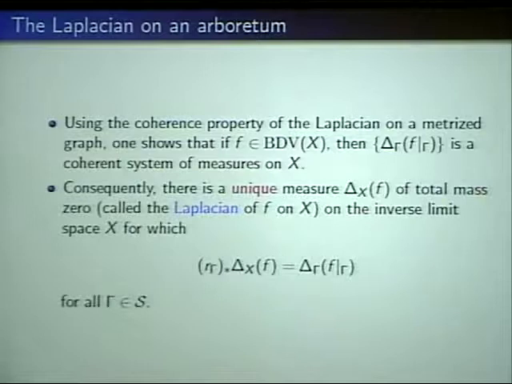And so there is a unique measure, which I'll write delta sub x of f, of total mass 0, called the Laplacian of f, on this inverse limit space, whose push forward to any finite subgraph gamma is just the Laplacian of f computed on gamma. All right, so I will give some examples very shortly. But somehow this should seem like a natural construction. Whenever you have this kind of inverse limit space, you can do it.